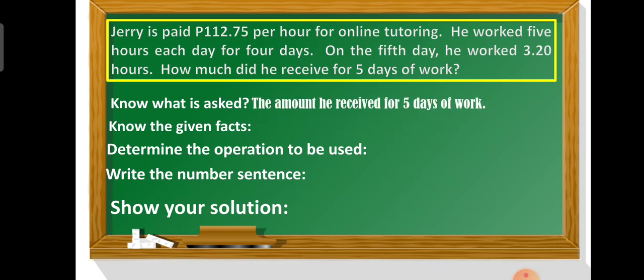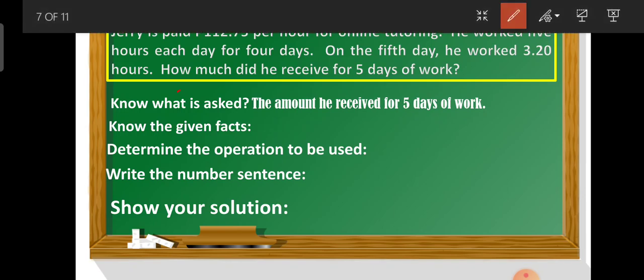The amount he received for 5 days of work. Remember, this answer was taken from the question, how much did he receive for 5 days of work? We just change how much with the words the amount, and then you just copy, he received for 5 days of work.